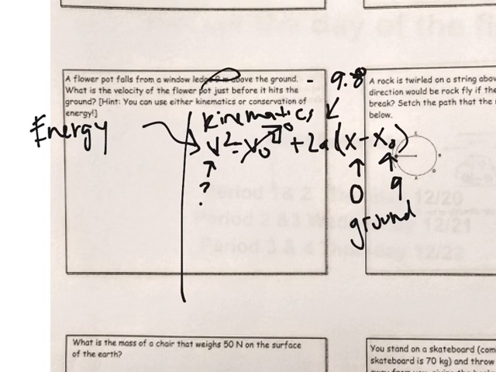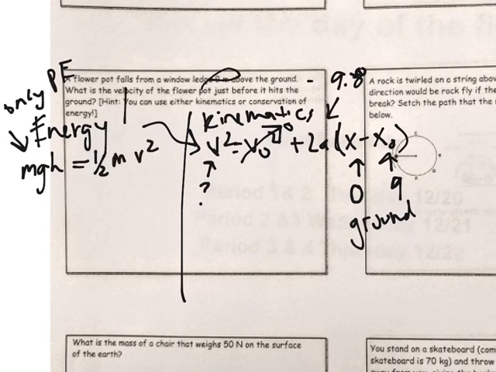The energy one is the idea that it has some energy before, and that's equal to the energy after. In the beginning, it only has potential energy. And when it's falling, right before it hits the ground, you're pretty much thinking of basically the smallest unit of measurement you could think of close to the ground, so that at the end it would be only kinetic energy, which is this equation.